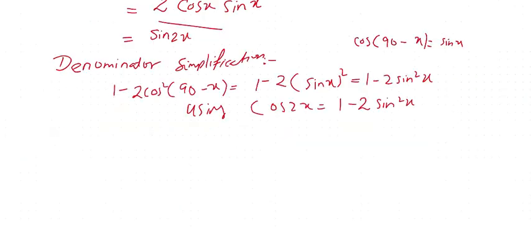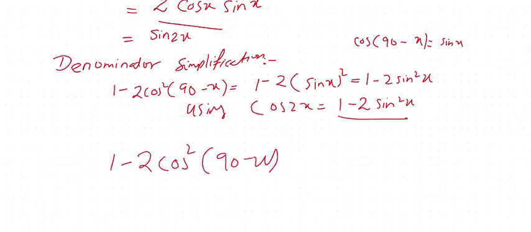So 1 minus 2 cos square(90 degrees minus x) equals cos 2x, okay?